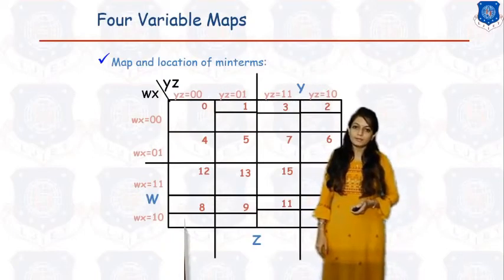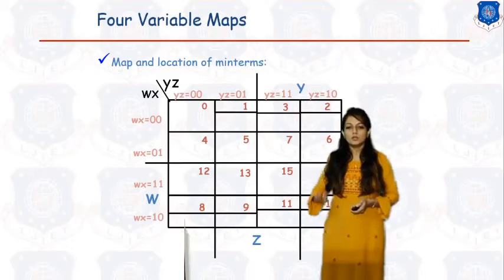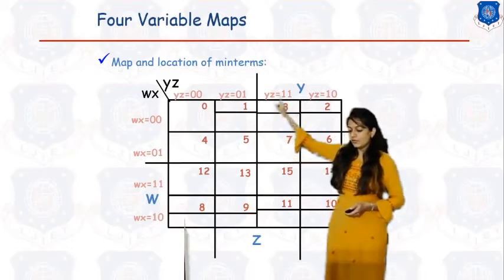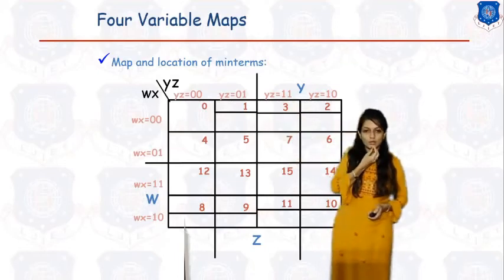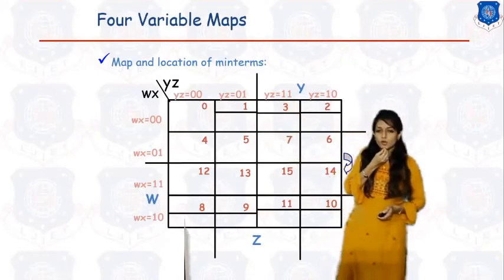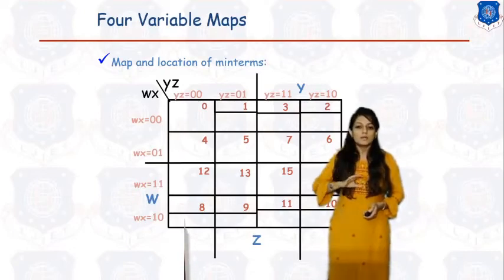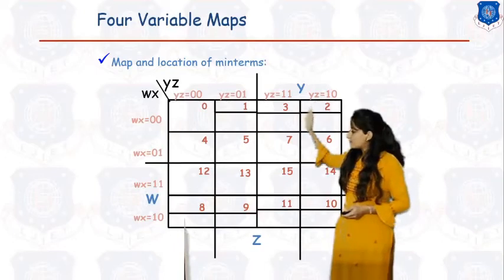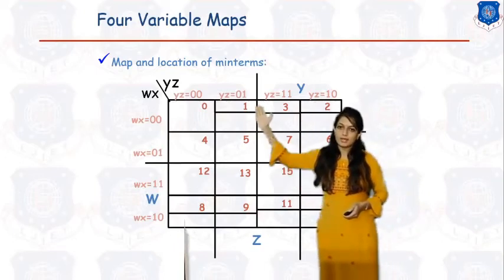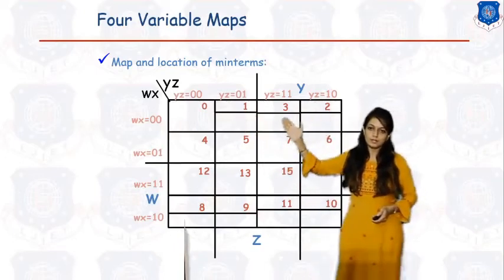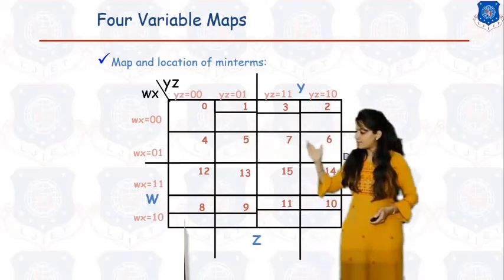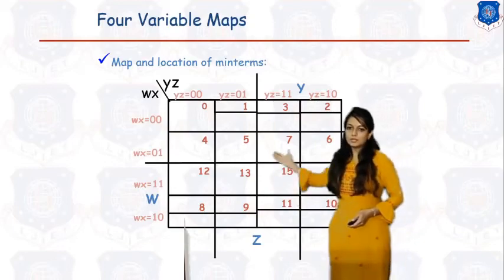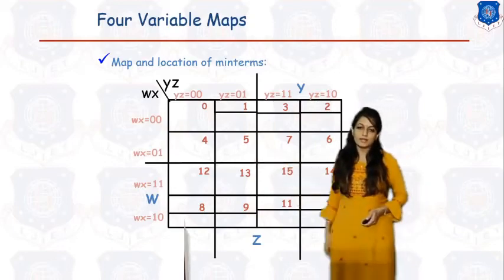So for the 4 variable map, you will get a total of 4 variables, place 2 variables row wise, 2 variables column wise. Alright. So for this, total squares are 16. So total 16 minterms are there. M0, M1, M2, M3, M4, M5, M6, M7, M8, M9, M10, M11, 12, 13, 14, 15, like this.